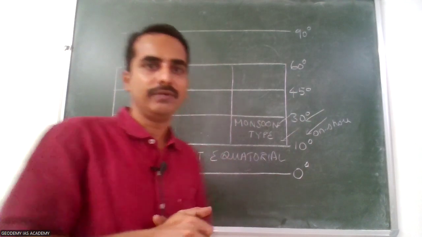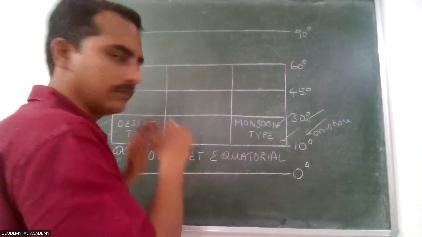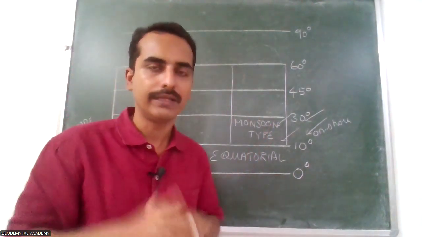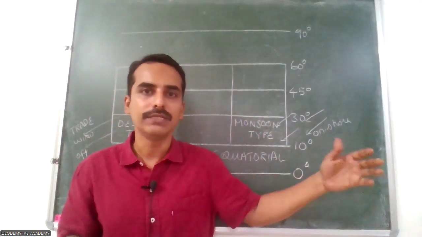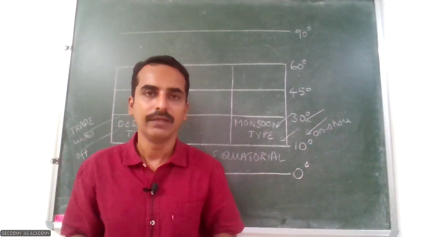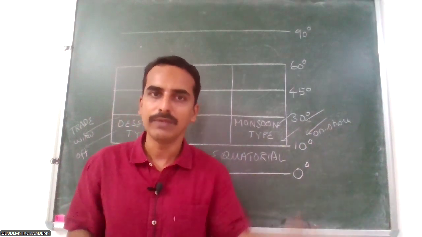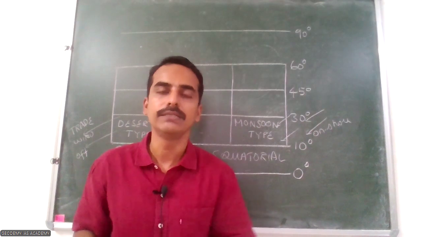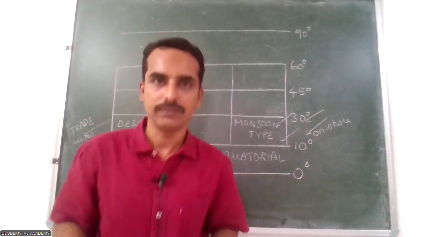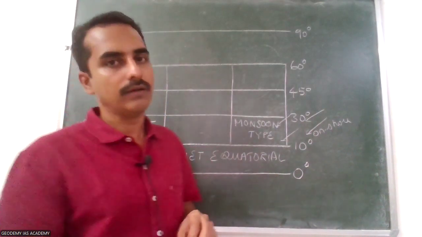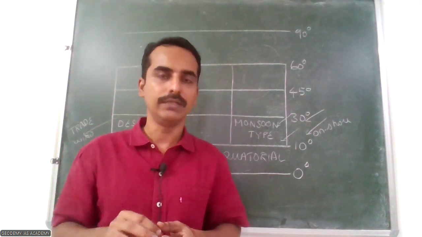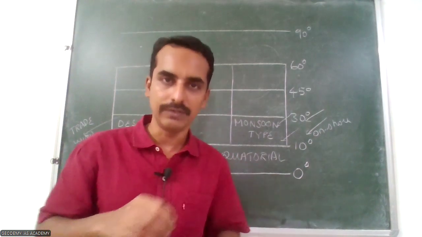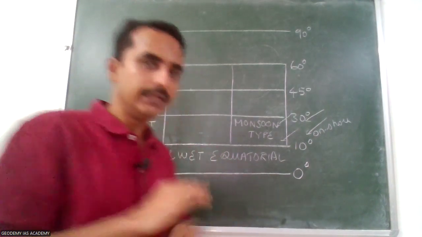But here we are studying the large zones, like continents. If you consider the Asian continent, India and Southeast Asia are in the eastern part, so those have the monsoon type, and Arabia on the western side is the dry part, desert type. And in India, another phenomenal change also occurs, that is the change of the direction of the wind. That is the monsoon concept.